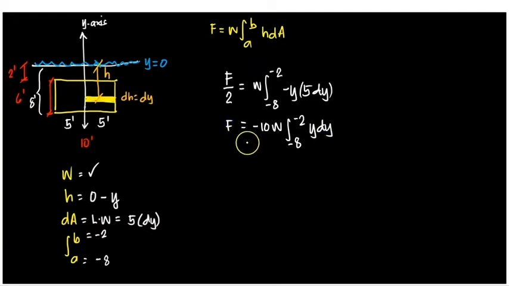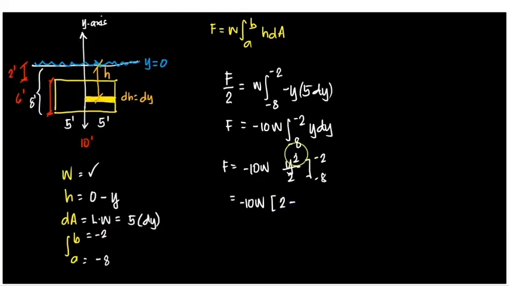So this now becomes F. -10W, y squared over 2 from -8 to -2. This is -10W, 4 divided by 2 is 2, minus 64 divided by 2 is 32.